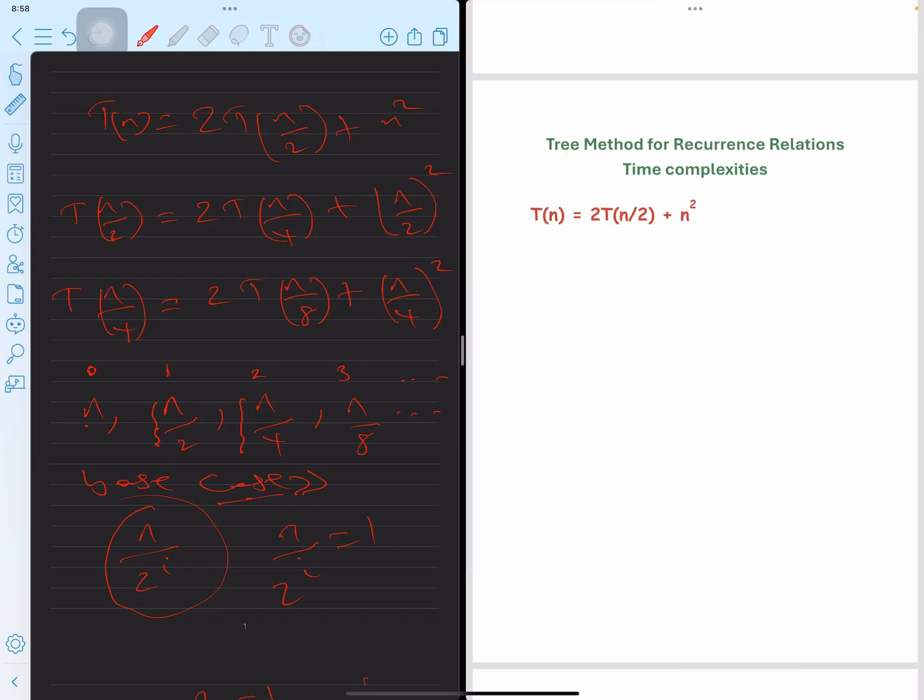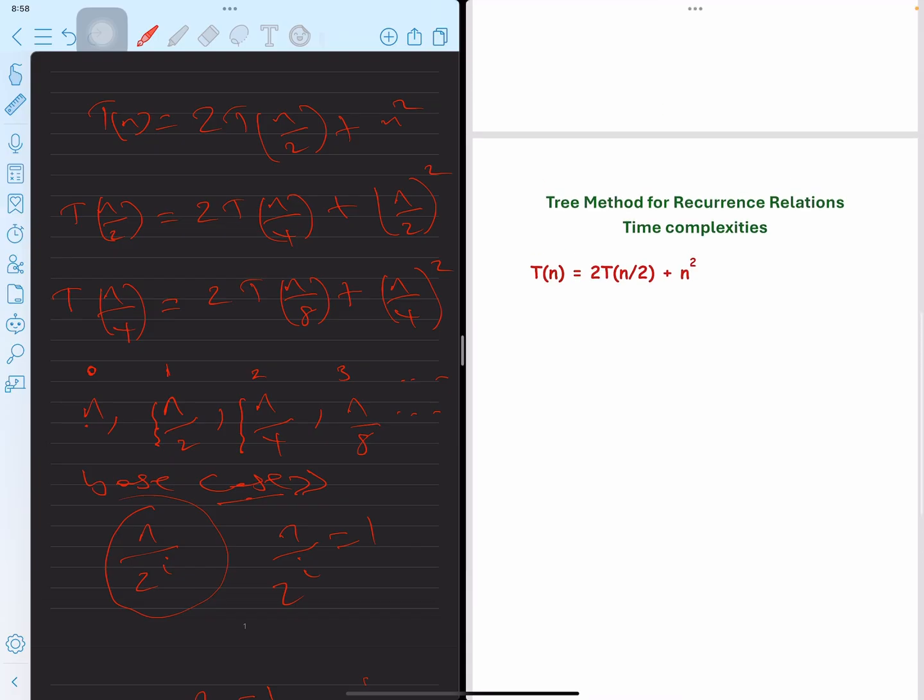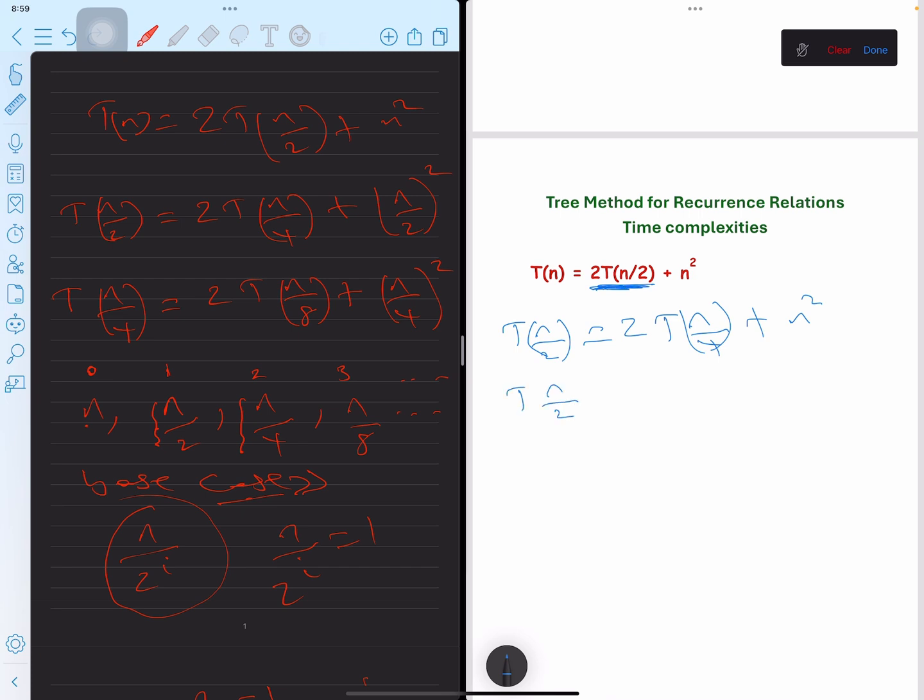Because T(n/2) will produce another 2T(n/4) + n squared, and since there are 2 of them, I'm going to call this twice. So another T(n/2) will produce 2T(n/4) + (n/2) squared.